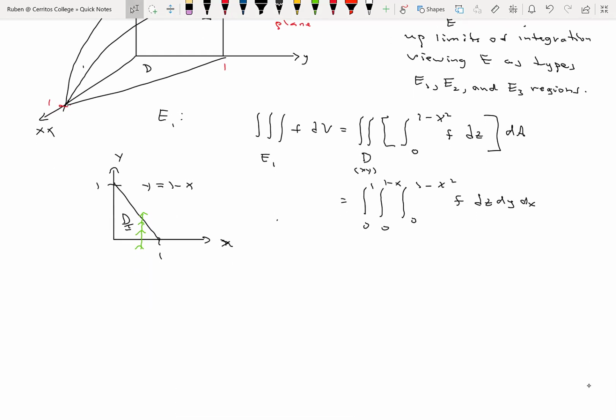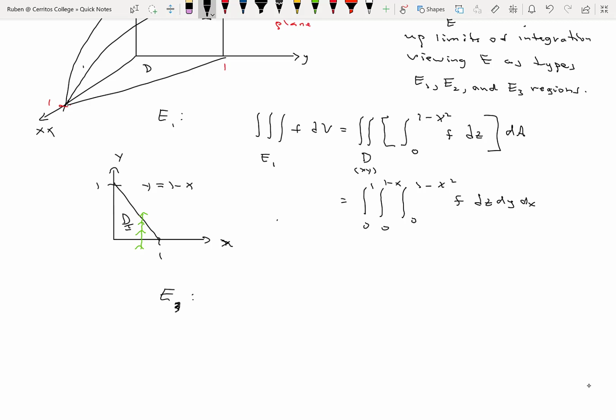So I'm going to skip over the type 2 region and do that last, only because it's the most difficult one for me. I want to get the easy ones out of the way. The difficult region for me is type 2, which is surfaces behind and in front in the x direction, and it's most difficult for me to integrate coming out of the board or coming out of the piece of paper or whatever. Okay, so I'm going to do the type 3 region.